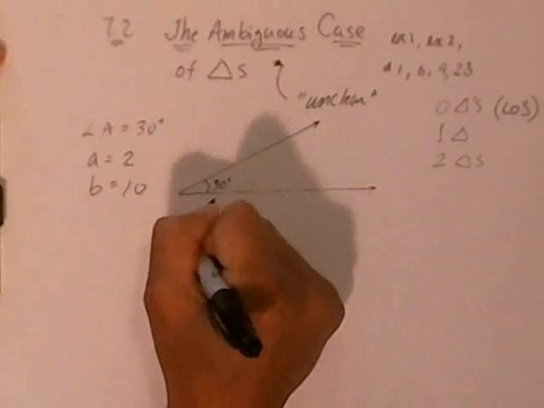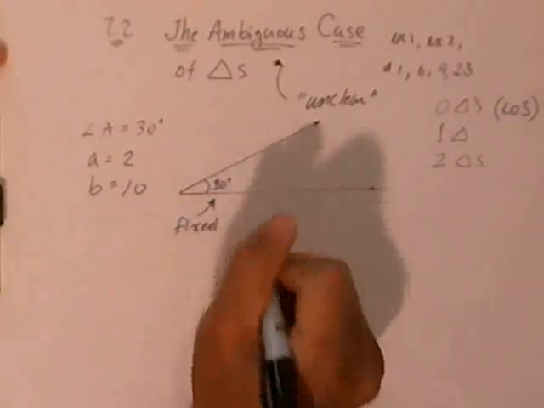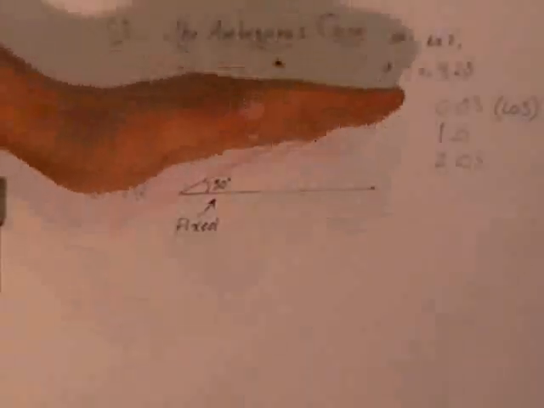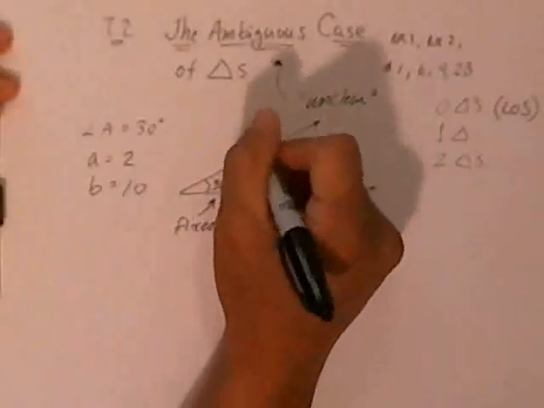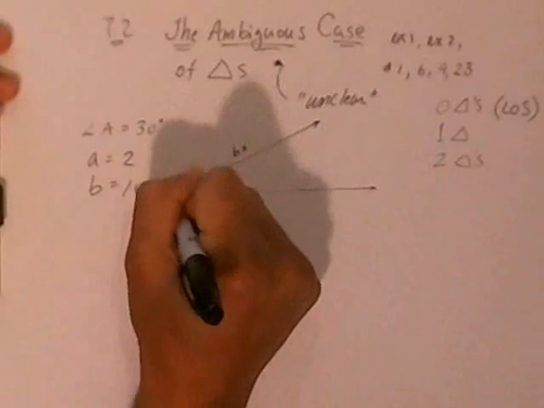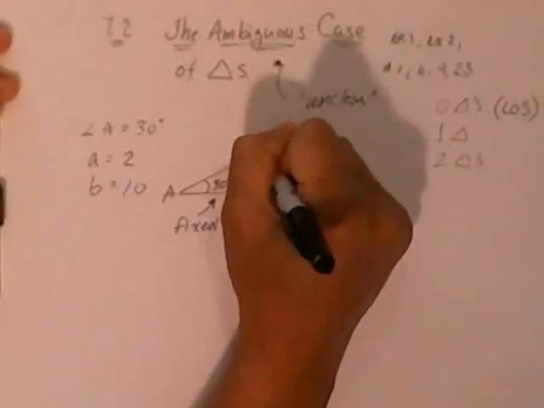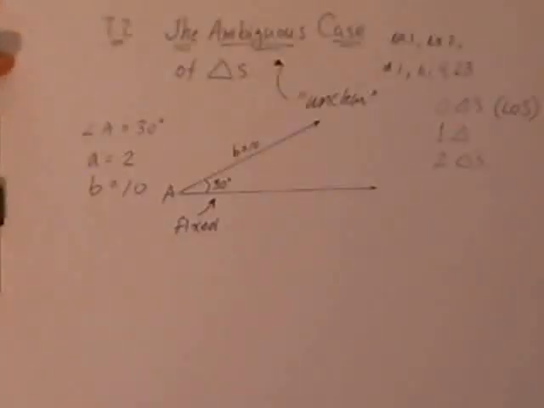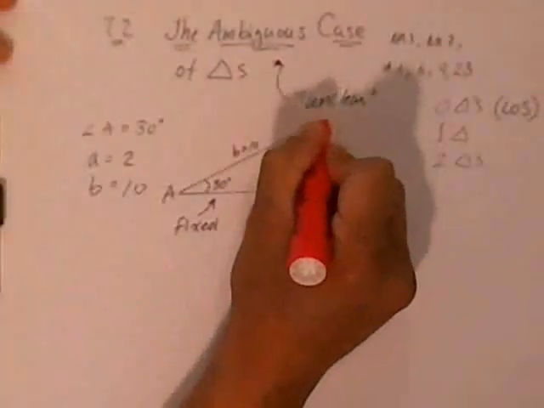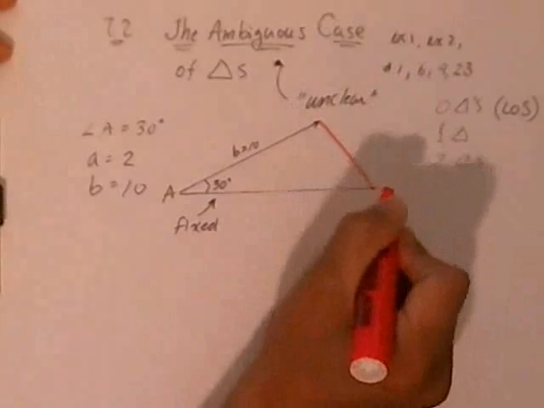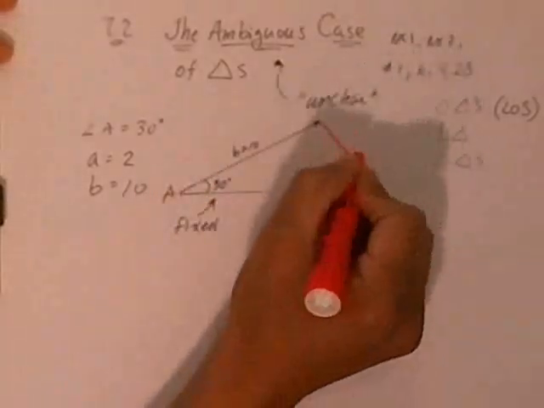So that angle is 30 degrees. It's fixed. Because they tell you the angle 30 is fixed. You can't move that angle. And this length is fixed too as well. This is B. I'm going to label this A, excuse me. B is 10. Now when we look at length A, which is opposite here, it should look like this. But if this is 10, this is only 2.